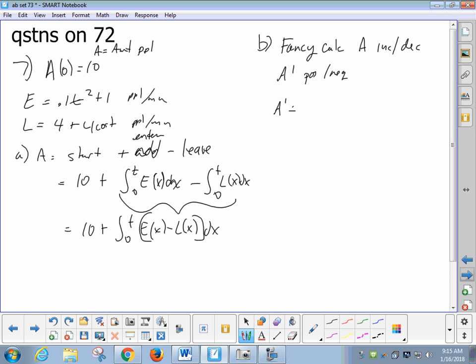Here, it's the derivative of the antiderivative, which is just the function. So the rate of change in the amount is just enter minus leave. That makes sense, because those are the rates at which people enter and leave, so together they are the overall rate of change. So A prime at 4 is E at 4 minus L at 4.